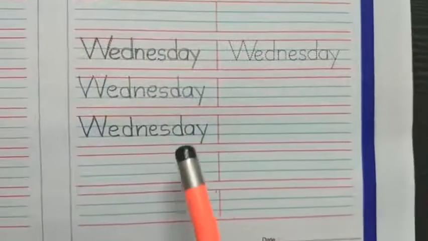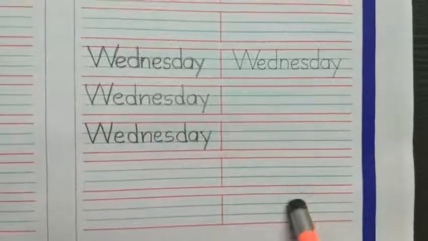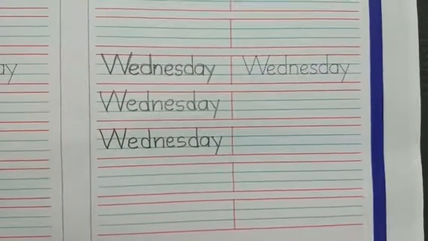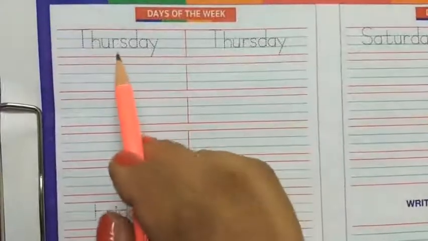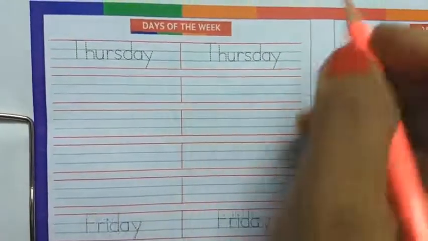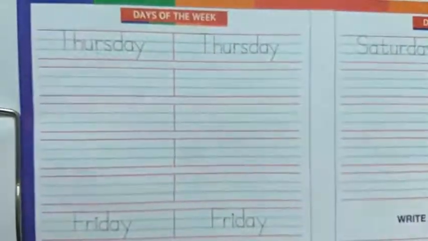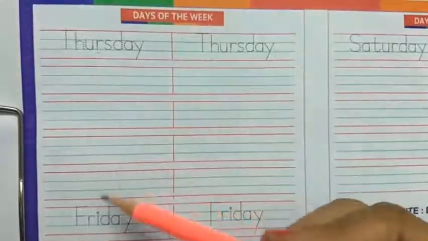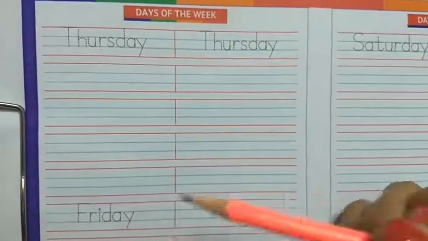Same way, write in the given space. After Wednesday comes Thursday. So, on page 119, we will write Thursday and Friday.